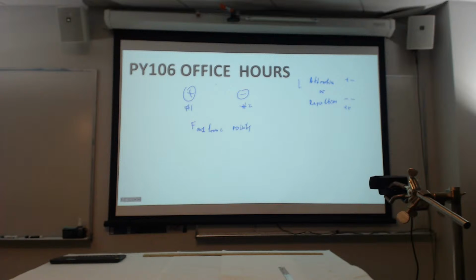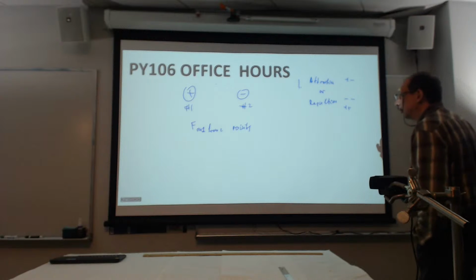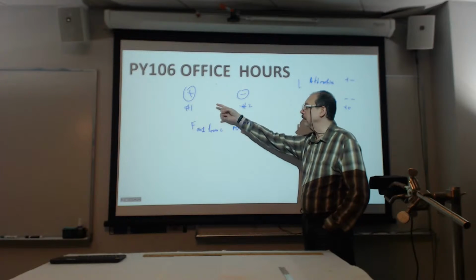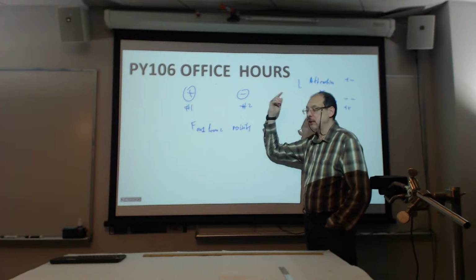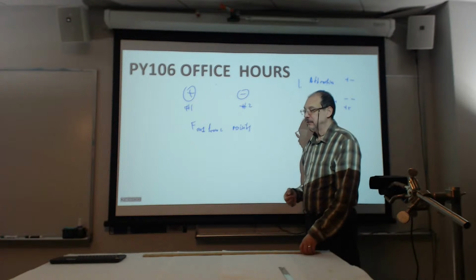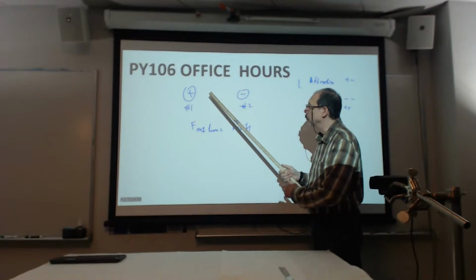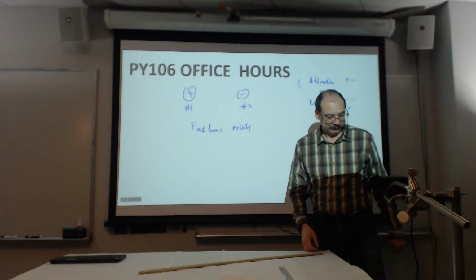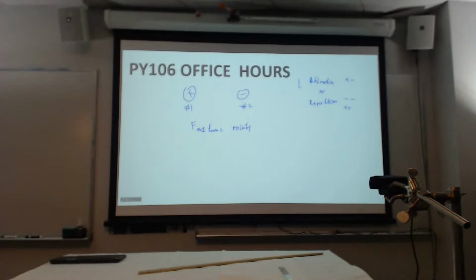Now we need to imagine what it means if the charge number 2 attracts the charge number 1. If the charge number 2 had a stick, would it be pushing on that stick or pulling? Pulling. The direction of that pulling is what? To the right.